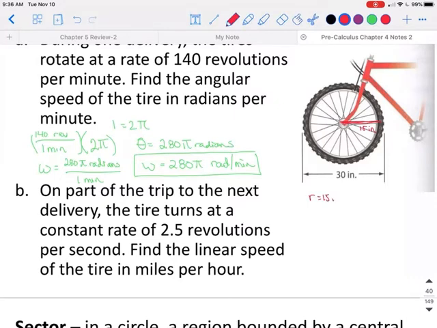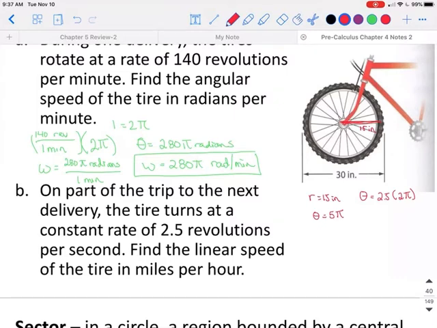So R is equal to 15 inches. Now to find our theta, if we're doing 2.5 revolutions and each turn around the wheel is 2 pi, then theta is going to equal 5 pi.